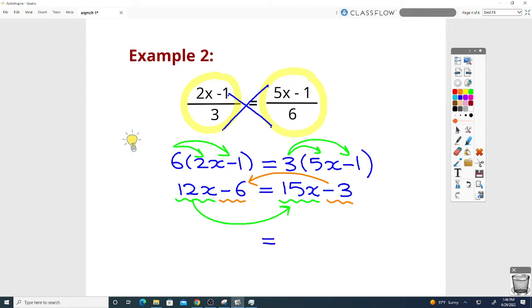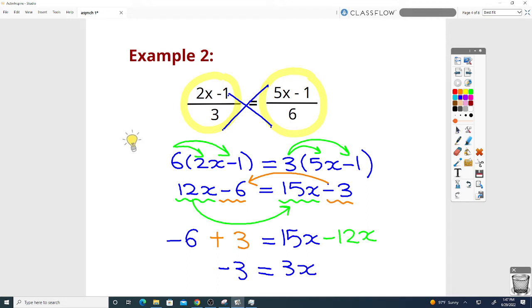On the right hand side, I used to have the 15x, and I'm bringing the -12x here. On the left hand side, I have the -6, and I'm bringing the -3 as +3. This gives us negative 6 plus 3, that is negative 3, equals 15x minus 12x, that is 3x.